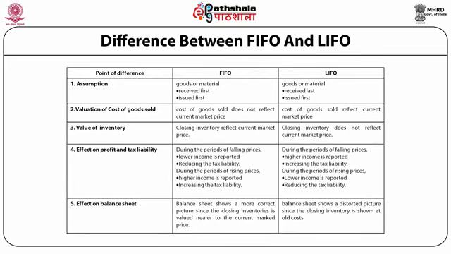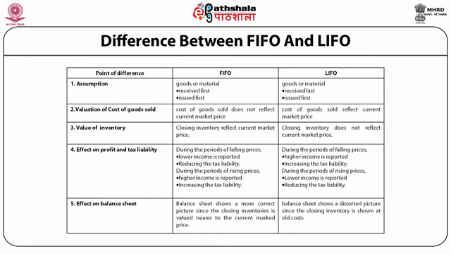The difference between FIFO and LIFO method is shown in this table. Now, the first point of difference is assumption. FIFO is based upon the assumption that goods or material which is received first, issued first. Whereas LIFO is based upon the assumption that goods or material which is received last, issued first. Now, second point of difference is valuation of cost of goods sold.